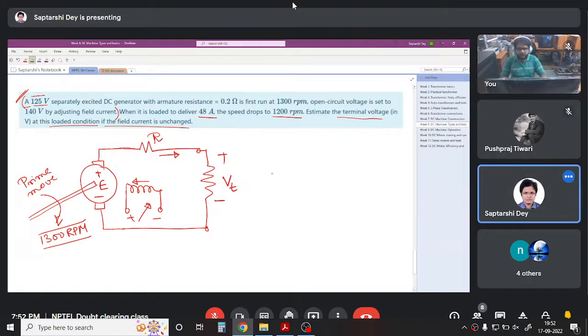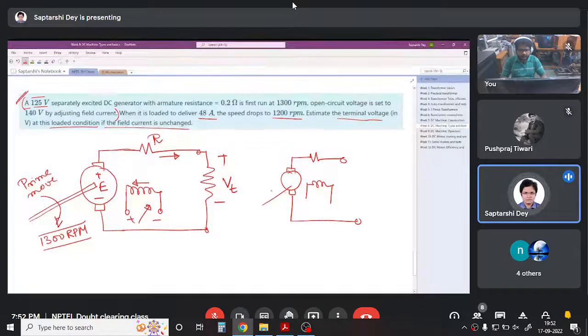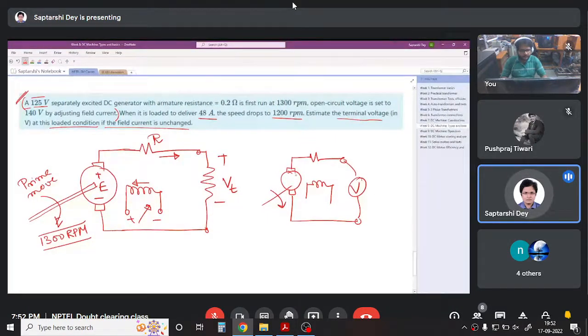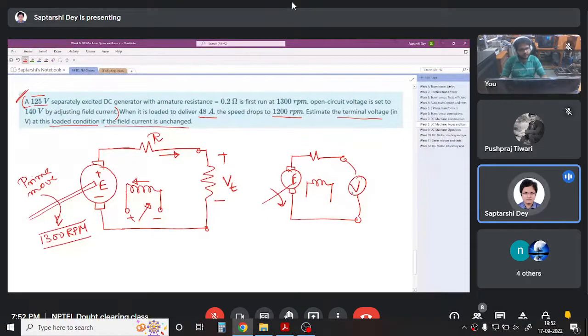Now, when the machine was not loaded, the field circuit was turned on and it was being rotated by the prime mover. It was not loaded, so there was no current through it. So if you connect a voltmeter here, whatever the developed EMF, that much we will get in the voltmeter. So you can measure the EMF only if there is no load.